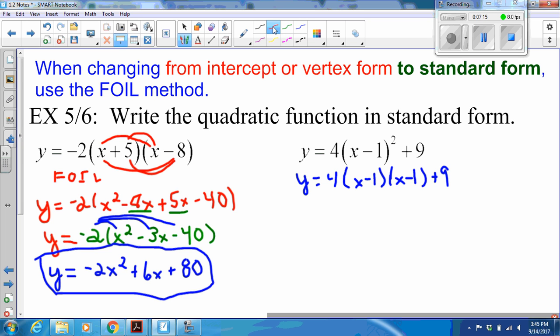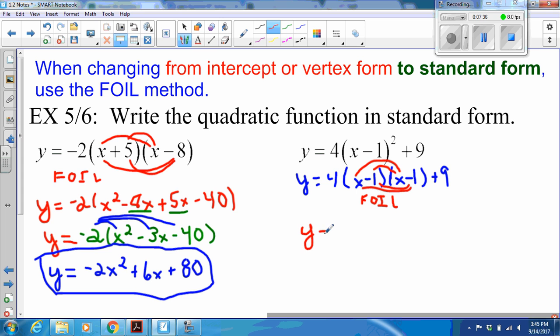Just like we did before, you have to FOIL first. That's always the first thing you need to do. We're going to FOIL the two x minus 1 factors: x times x is our first, then the outer, then the inner, and then our last.